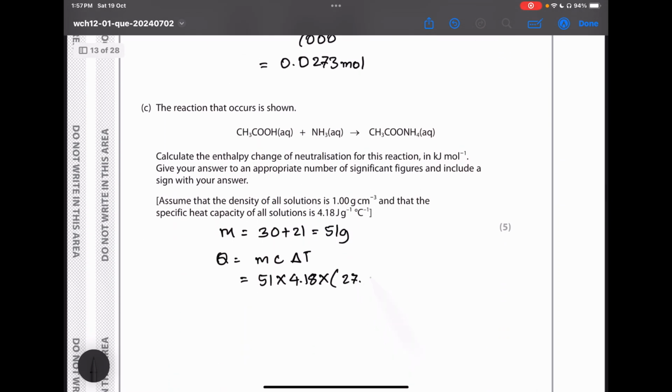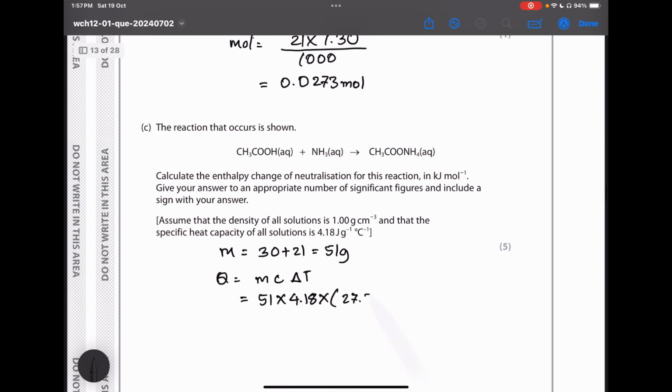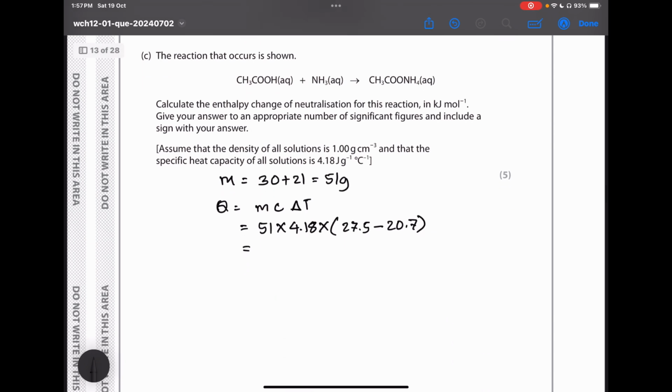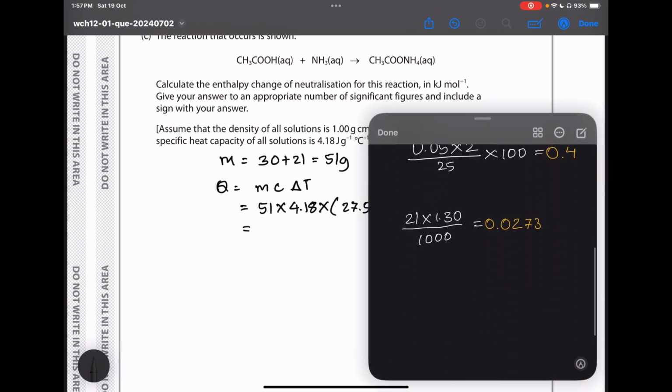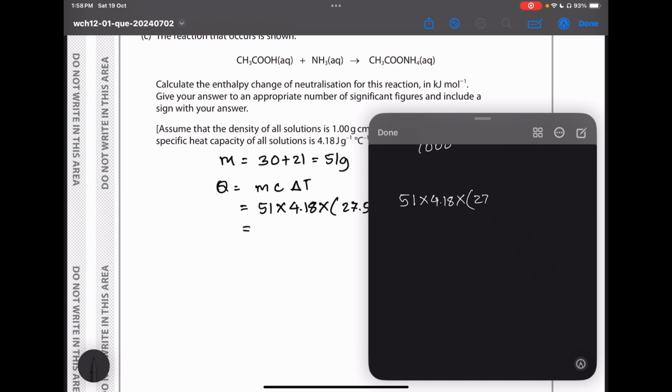So 27.5 minus 20.7, that is going to give us our answer. Let's try and find that out: 51 times 4.18 times 27.5 minus 20.7, which is equal to 1449.